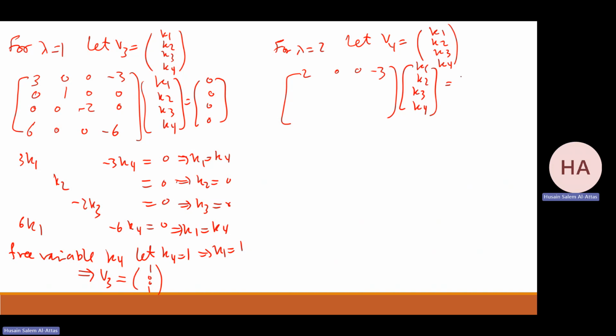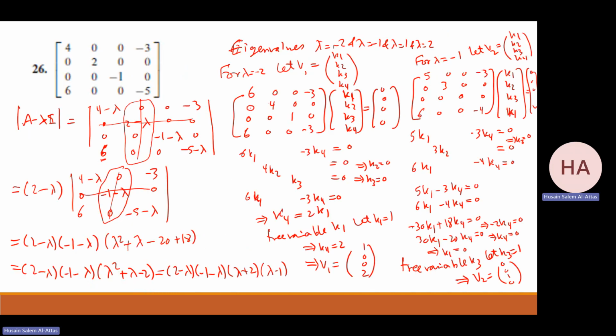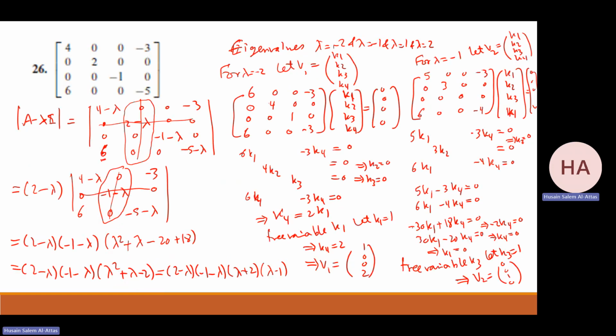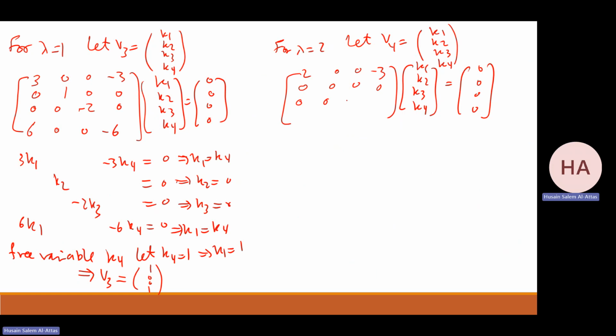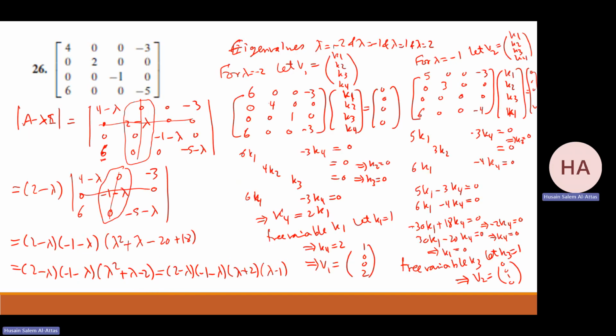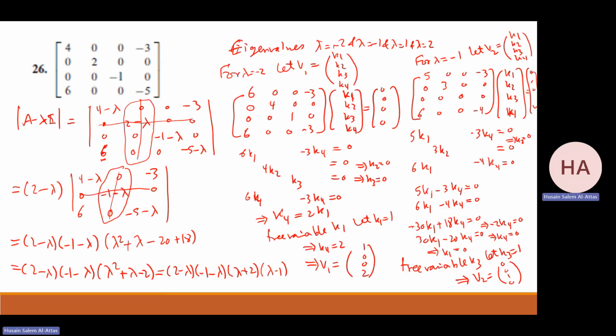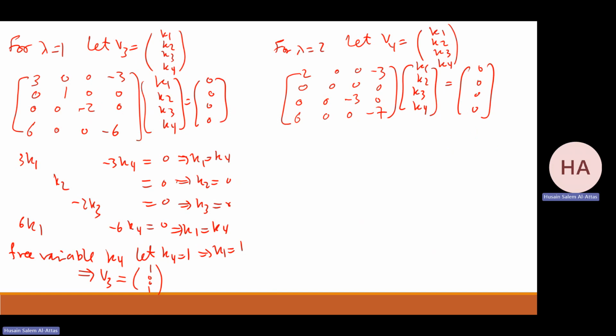You need to solve the systems the way you like. But always they have really many solutions. They have 0, 0, 0 because of 2, 0, 0, 0. Okay, nothing is here. I have 0, 0, minus 1, minus 2, minus 3, 0. Then I have 6, 0, 0, minus 7. Am I right? Yeah. Minus 2, minus 5, minus 2.